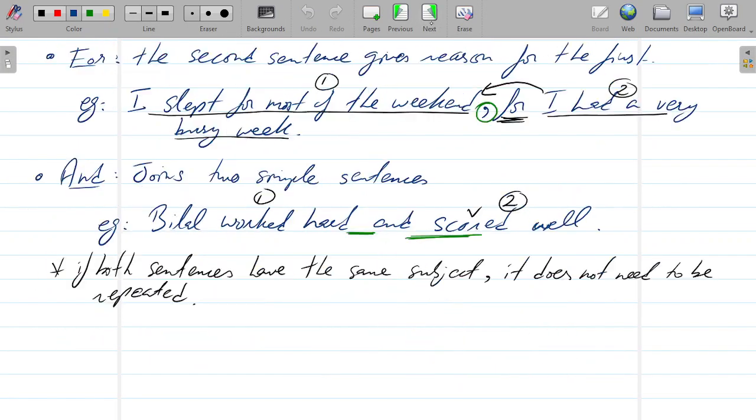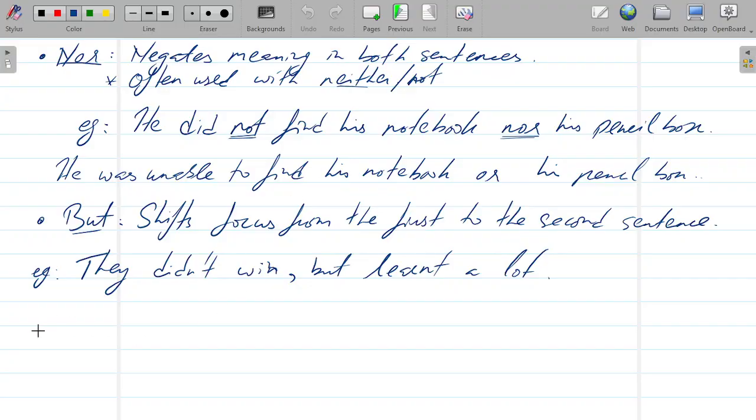Then we've got or. So we kind of already used it. And or gives options, right, between two, like the meanings of two sentences.